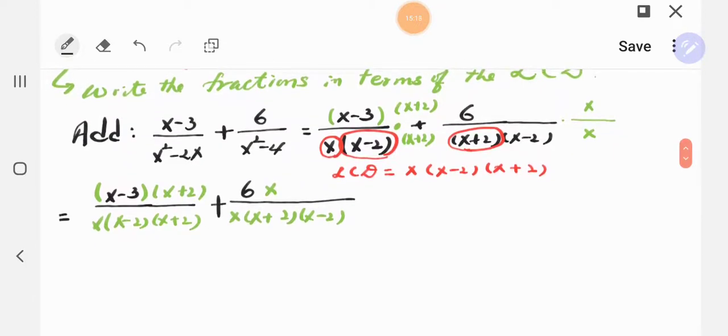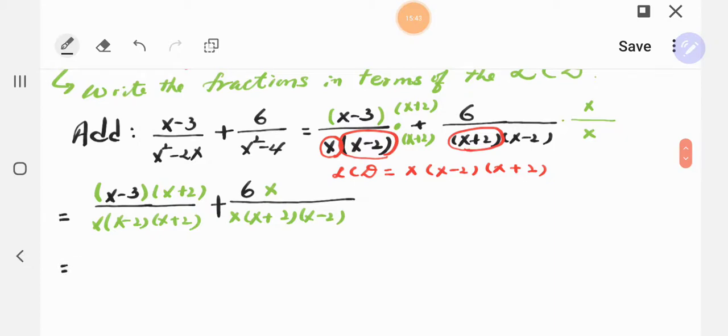You have to rewrite the denominator with the LCD and then multiply the numerator by the missing factor from the LCD. You can find the missing factor by comparing the denominator and the LCD.